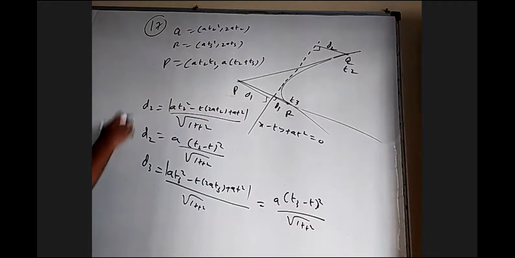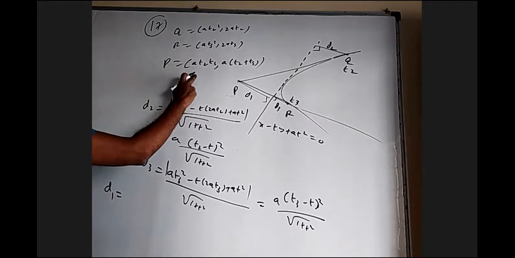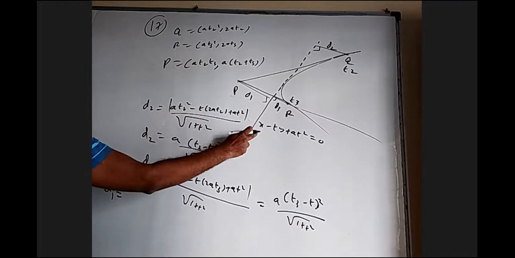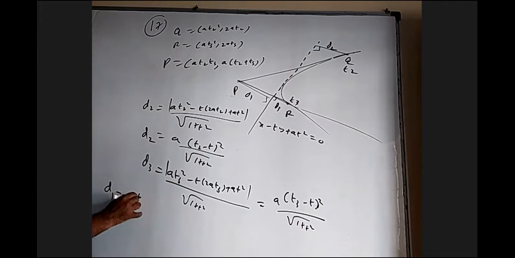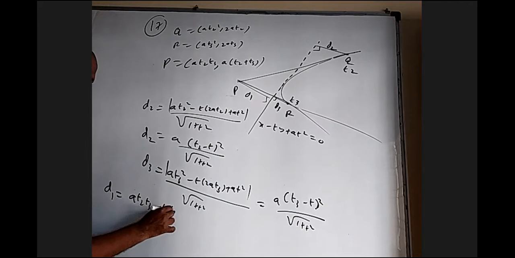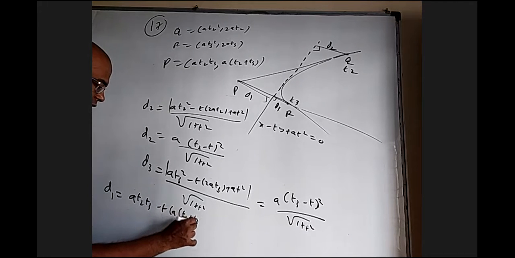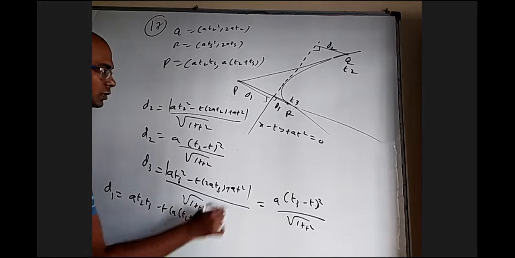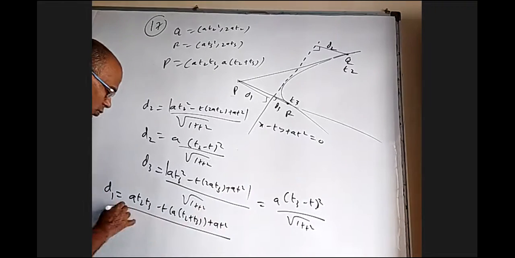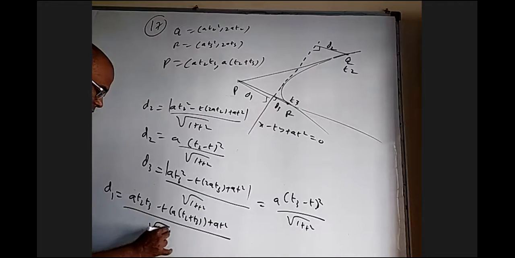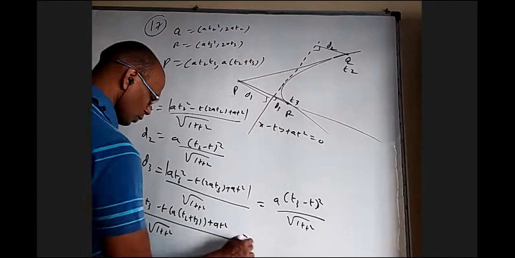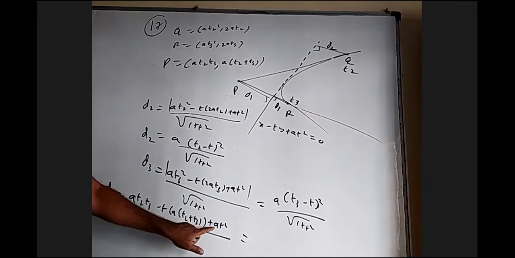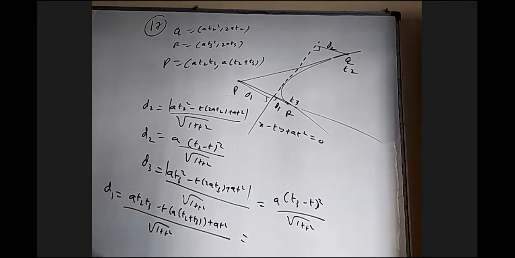What is d1? The corresponding distance from here to that line. So when I substitute, I will get a t2 t3 minus t into a into t2 plus t3 plus a t square, under root 1 plus t square. You can easily see this is not a perfect square, but after taking a common, you can factorize this.